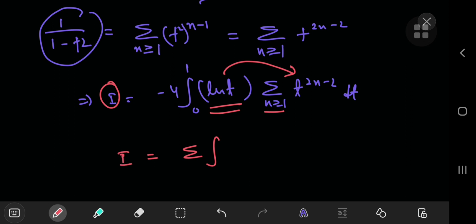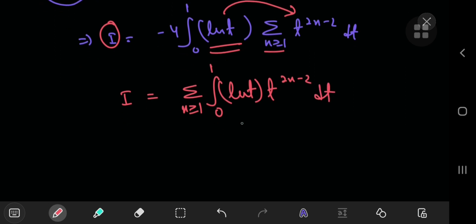So that is obvious, of course. So we're summing over n integrals from 0 to 1 of the natural log of t times t to the 2n minus 2. Now, this integral can be evaluated quite easily using integration by parts.